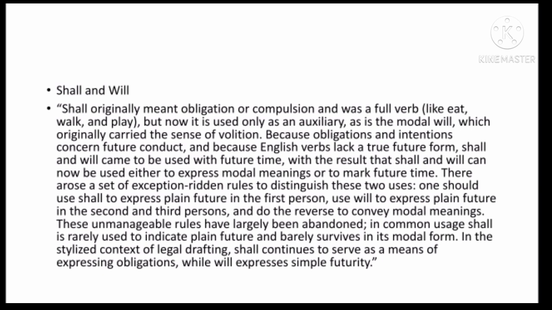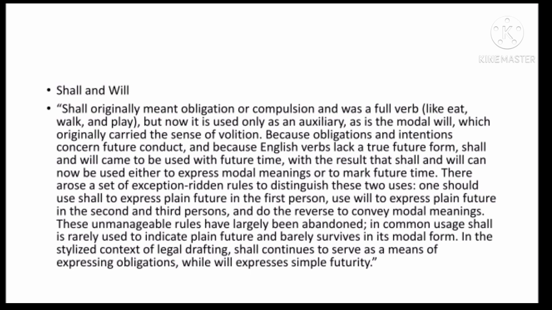There is a set of written rules to distinguish their use. One should use shall to express plain future in the first person, use will to express plain future in the second and third persons, and do the reverse to convey modal meanings.